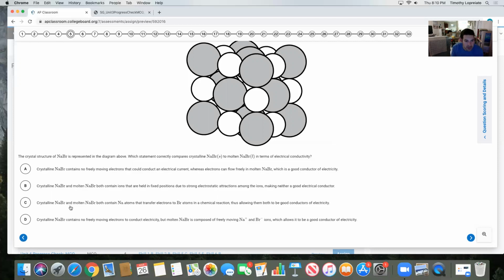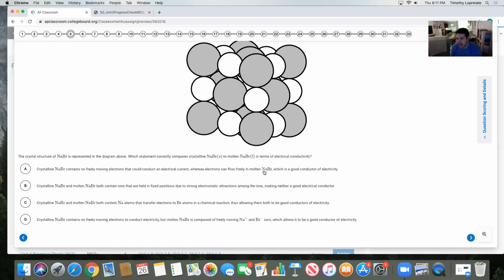Choice C, crystalline NaBr and molten NaBr both contain Na atoms that transfer electrons to Br atoms in a chemical reaction, thus allowing them both to be good conductors of electricity. Not true. And choice D, crystalline NaBr contains no freely moving electrons to conduct electricity, but molten NaBr is composed of free-moving Na+ and Br- ions, which allow it to be a good conductor of electricity. All right, so we're narrowing it down to A and D.